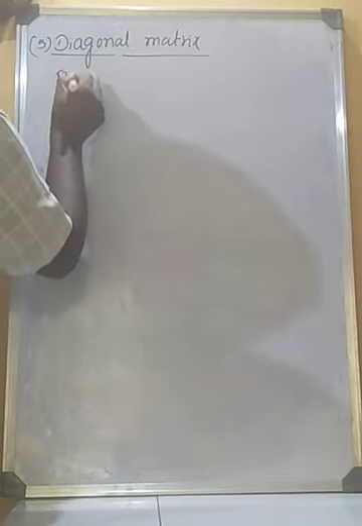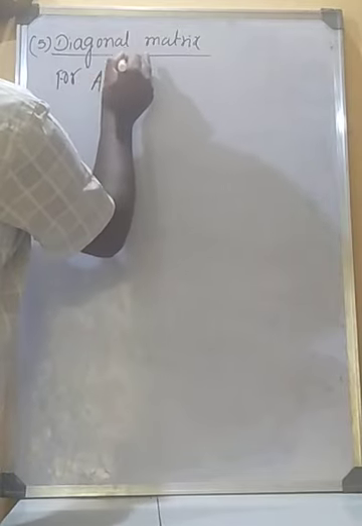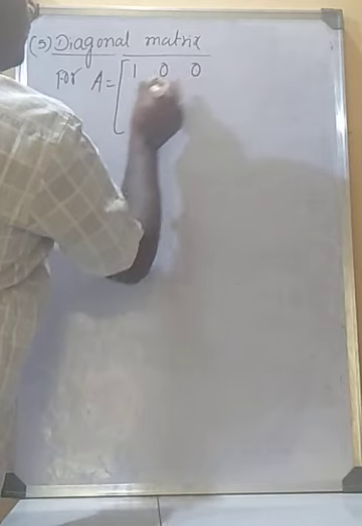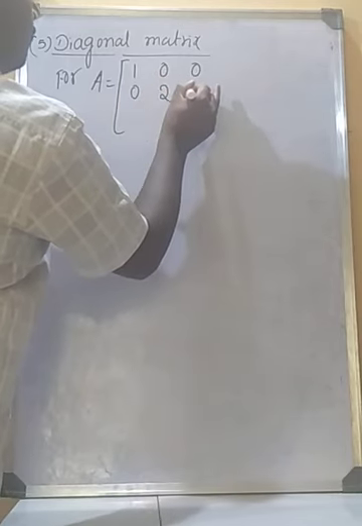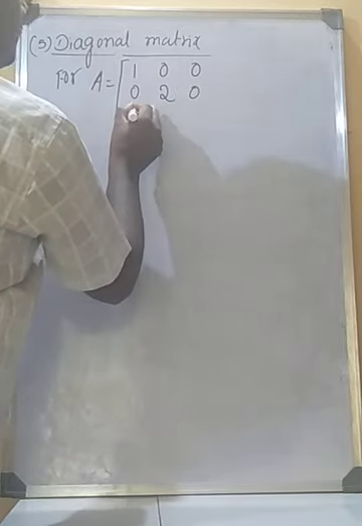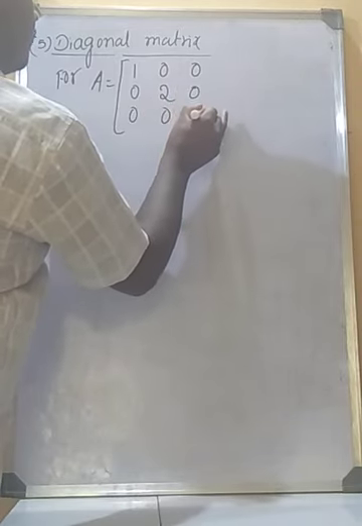For example, matrix A is equal to [1 0 0; 0 2 0; 0 0 3].